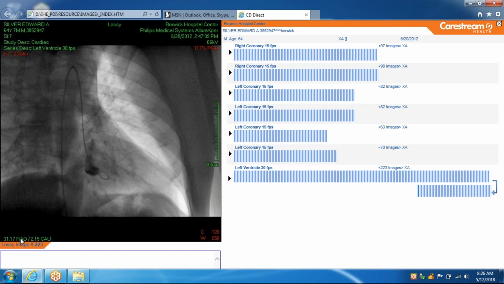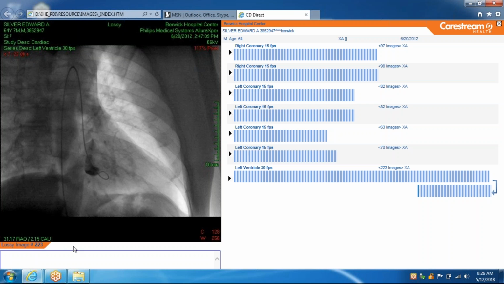So the camera is tilted to the right side at 31 degrees, and there's a caudal of 2 degrees. We can eliminate the caudal angulation. A lot of time we'll just have 0 degrees because we're not going to tilt it to the head or to the legs.